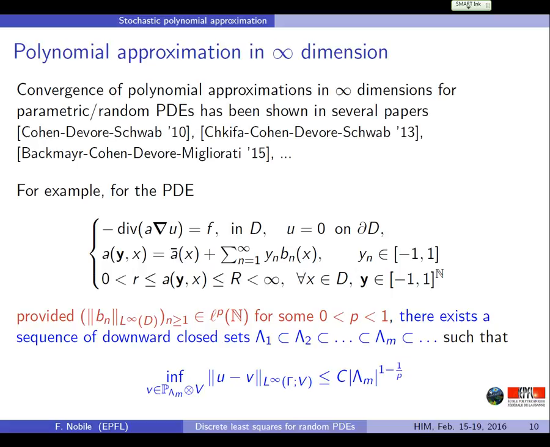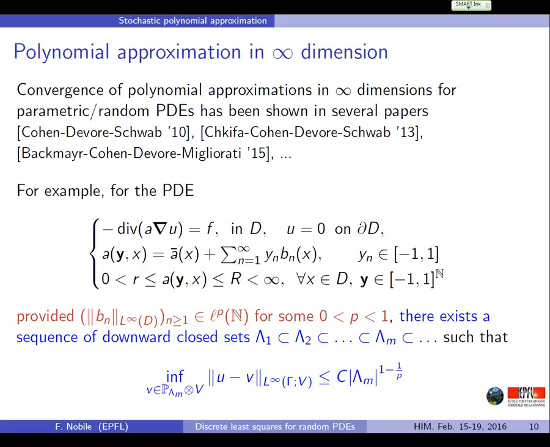So I think what I was really asking was, can you do better with sets that are not downward closed, but are of the same size? Well, probably yes, but this proof here relies on basically stechkin arguments, so you really pick up the best n-term approximation.